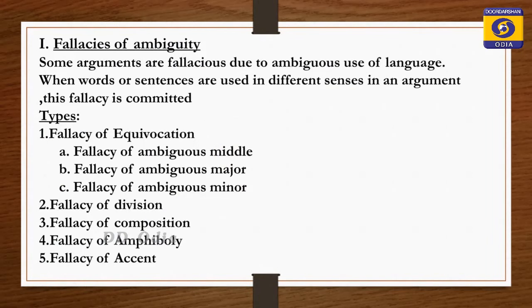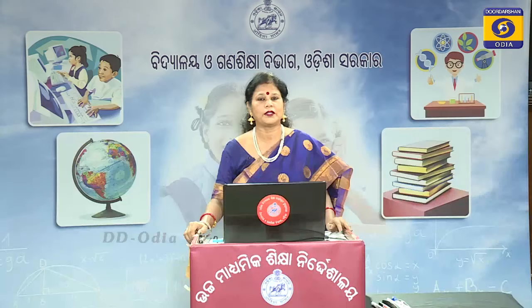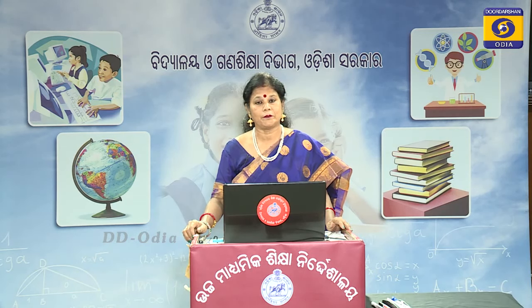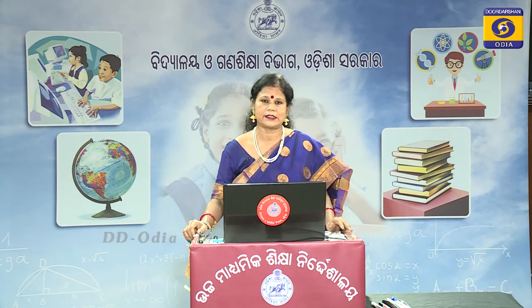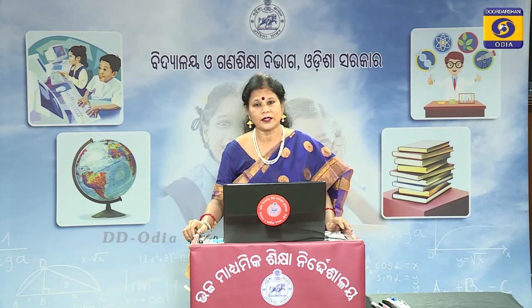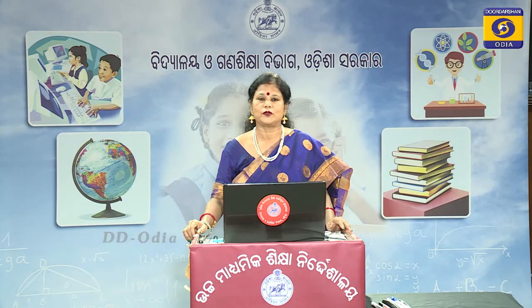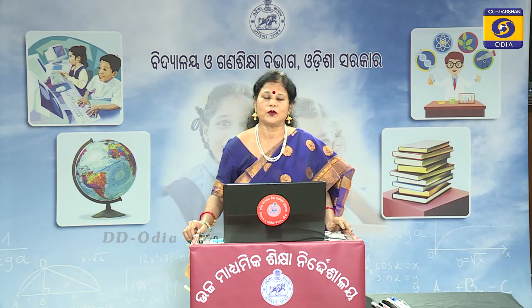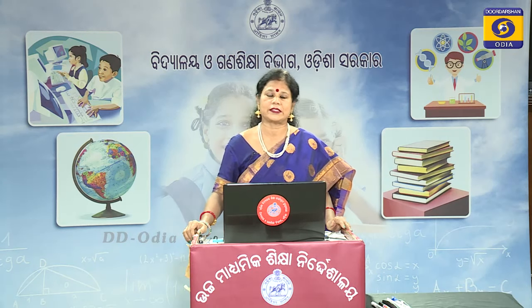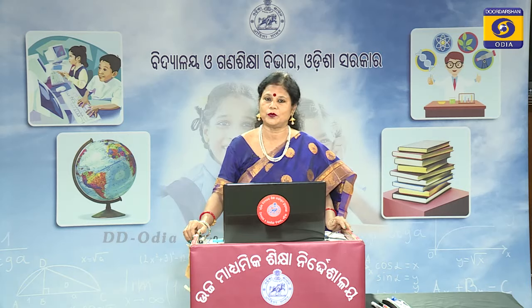Now, what are fallacies of ambiguity? So, students, when I say a word, all of you understand what I mean, because it has a particular, definite meaning. But if I use a sentence or a word which has more than one meaning, then it will be difficult for you to know the exact meaning of the sentence, the exact meaning of the word.